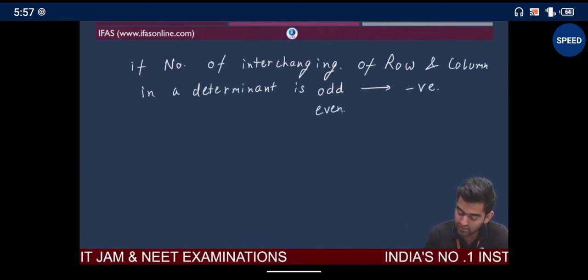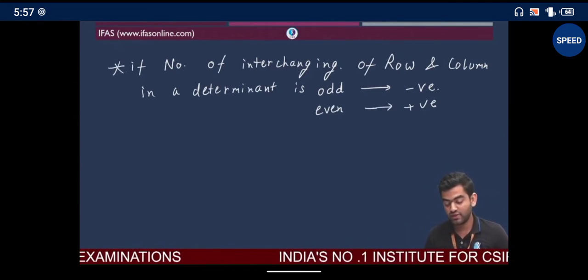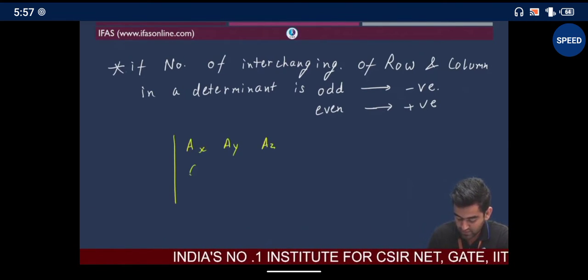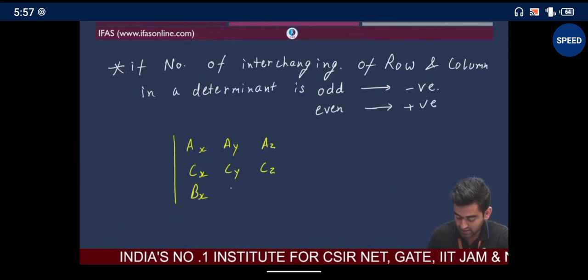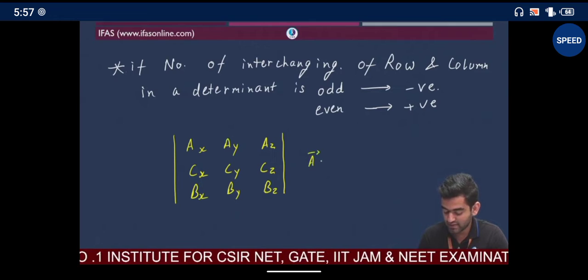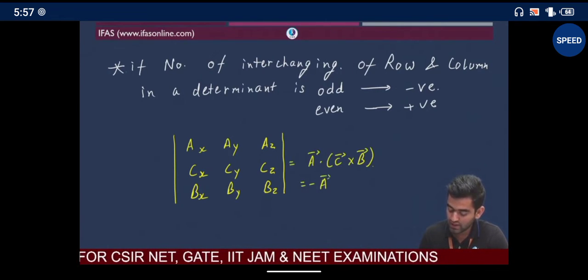If it is even, then it's simply going to be positive. That is, if I change Ax, Ay, Az, Cx, Cy, Cz, Bx, By, Bz, you can see I have changed only one time, and it can be represented as A vector dot C vector cross B vector, which is negative of A vector dot B vector cross C vector.